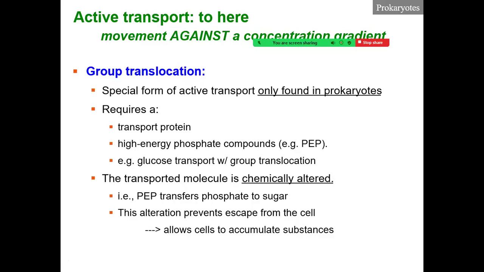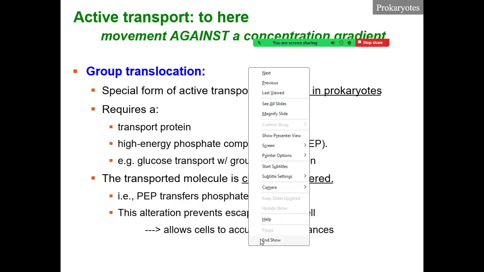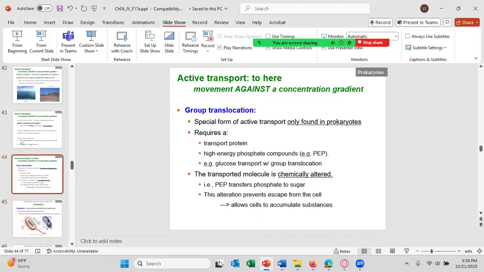So we have glucose 6-phosphate on the inside of the cell, and then glucose outside the cell. So glucose will be transported into the cell, but once inside the cell, it's chemically altered to another molecule. In this case, it's glucose 6-phosphate. You don't need to know that, but I'm just giving you an example. All right, let me show you why.